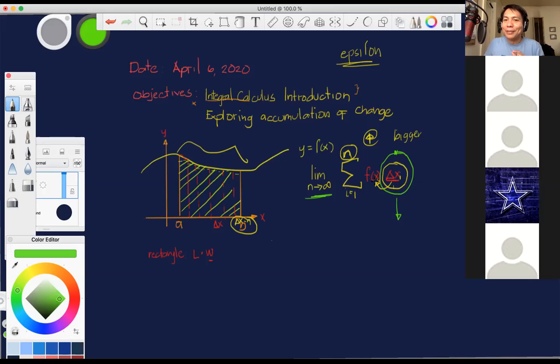What's the symbol? Integral? Not yet your integral. It would be delta n. Delta n? What else? If we go back to our differential calculus, we're looking for the slope, right? Guys, can you still remember?